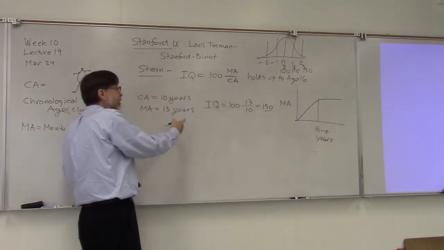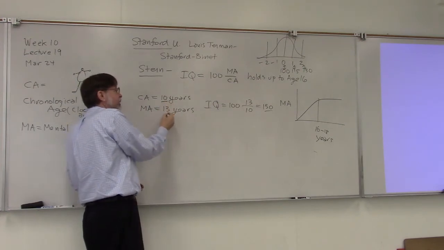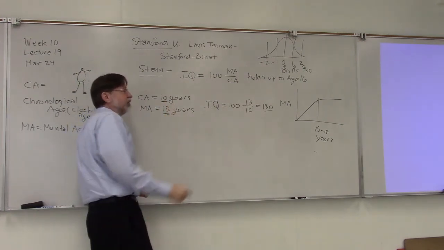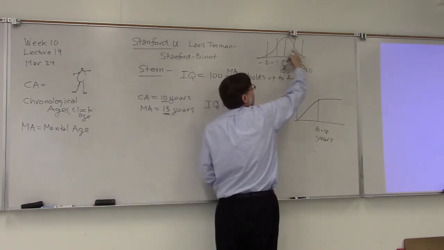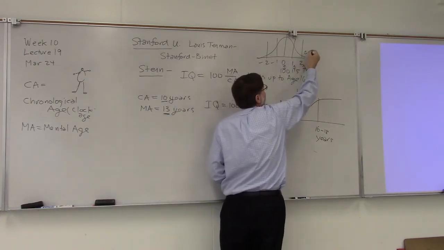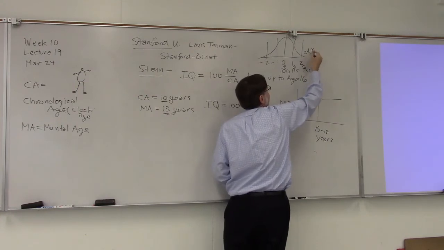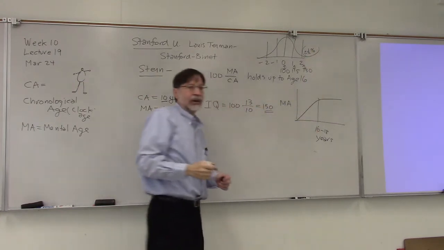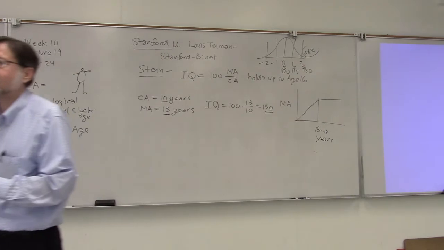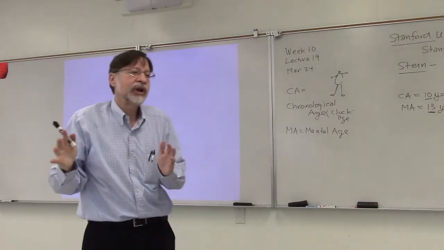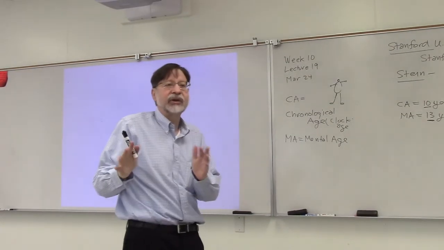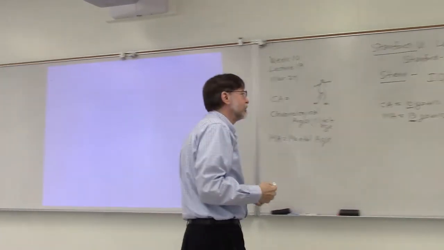If a 10-year-old has a mental age of 13, they have an IQ of 130, so where is 130 on this distribution? 2.5%. So 2.5% of 10-year-old kids are 3 years ahead on this test. They're like the average 13-year-old.